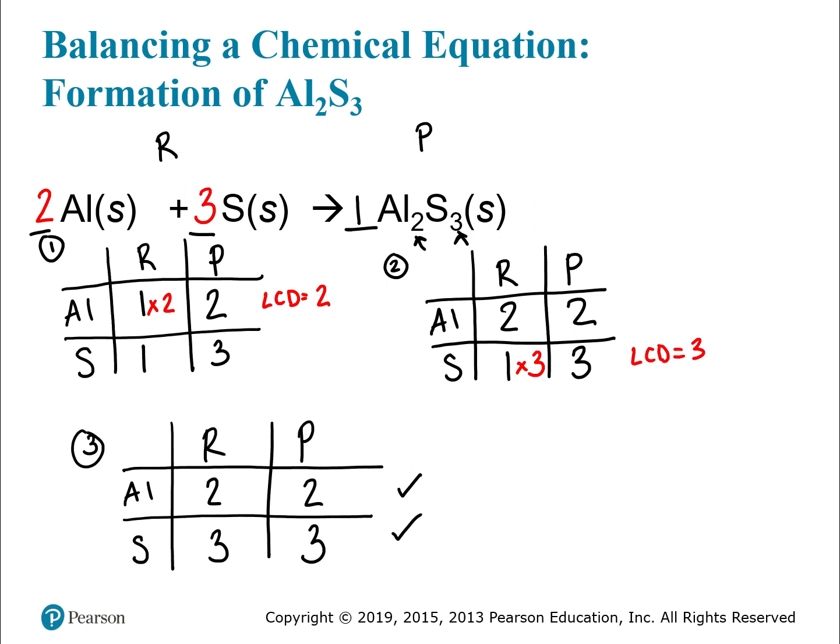We always assume 1. If I were going to write the coefficients in order, it would be 2, 3, 1. Those are the coefficients of the compounds in order of the balanced chemical equation.